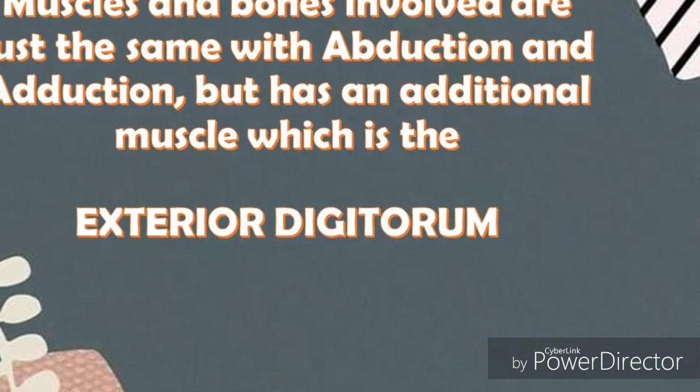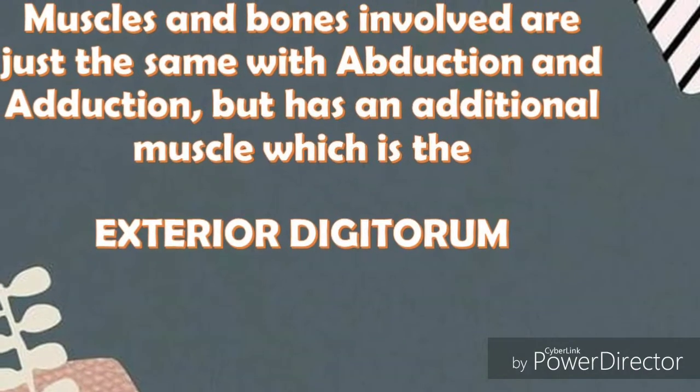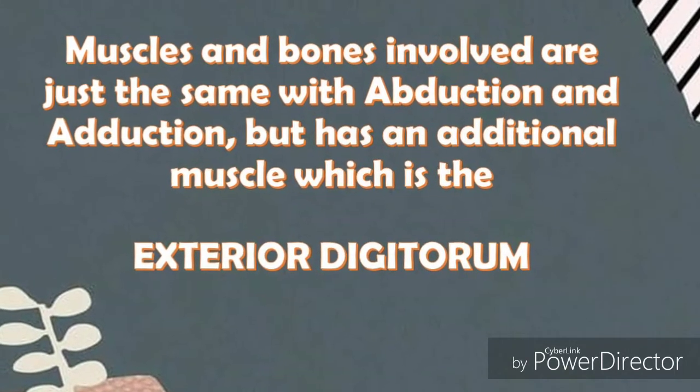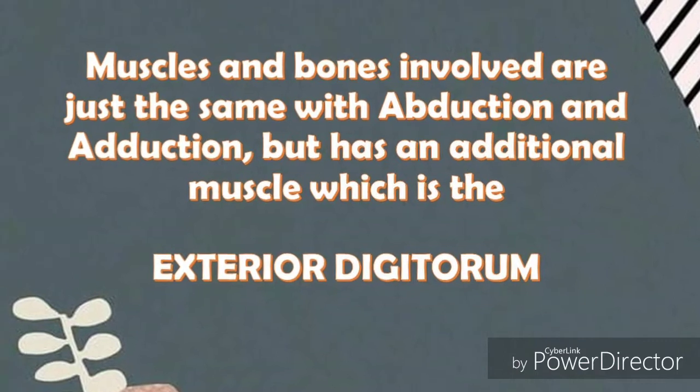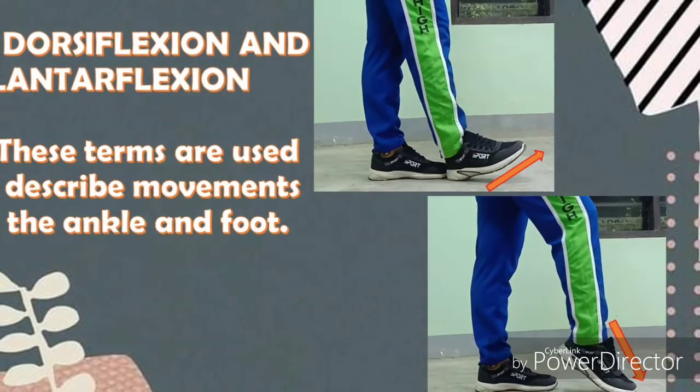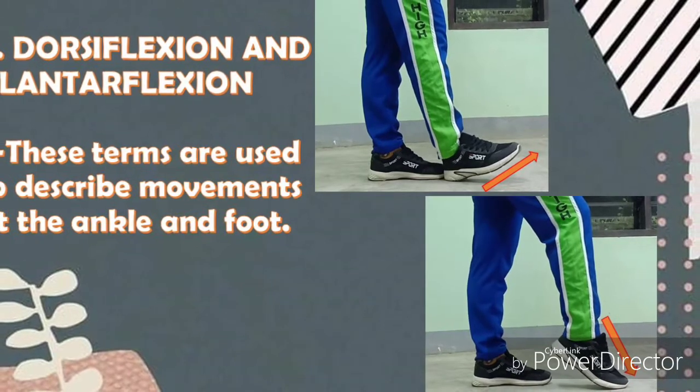Bones and muscles involved are just the same as with abduction and adduction, but with an additional muscle, which is the extensor digitorum.